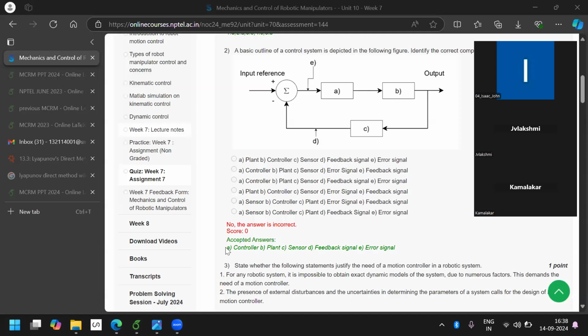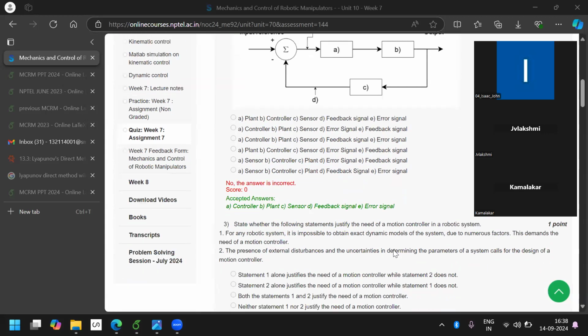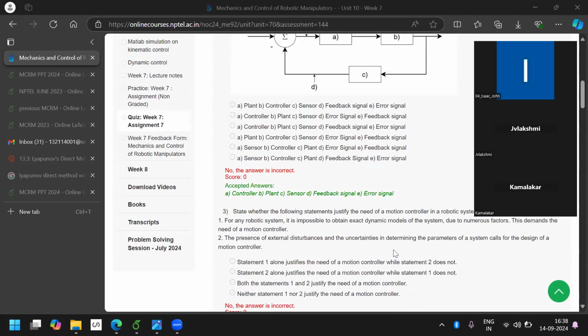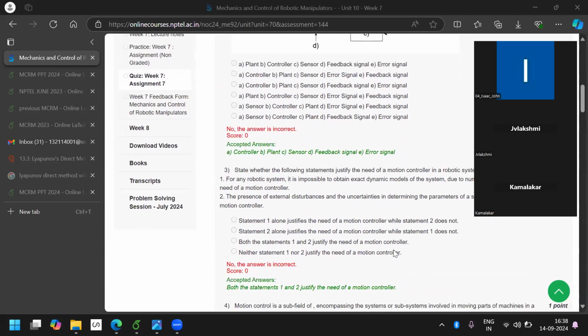And I hope you can see my screen. The correct answer is controller, plant, sensor, feedback signal, error signal. Okay, sir. Then next question. Question 3. Just, sir, I will check.